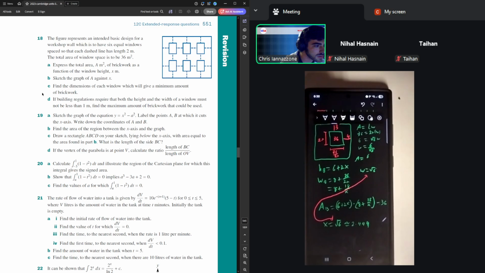But now it's a little bit different because the height and width cannot be less than 1 meter. And haven't we already got that? This might take a bit more reading into to try and figure out, but have a go at that. There's a nice little bit of very quick extension work there.